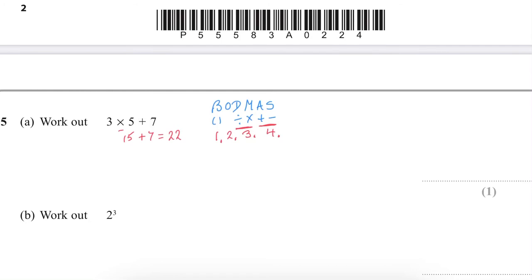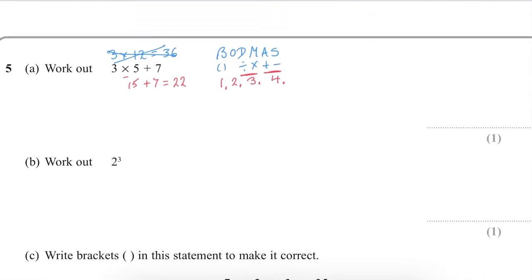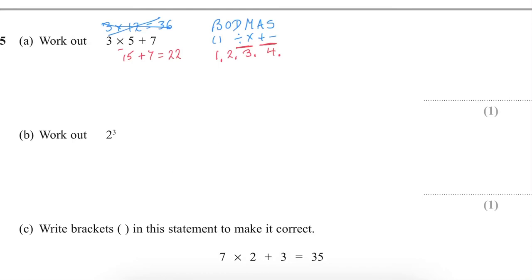Nice and straightforward. I'll show you what happens if you get the order wrong. Say you added first 5 plus 7, so you'd get 12. And then you times it by 3, you would get 36, which is a completely different answer and completely wrong. So don't do that. Okay, 5 part B. Work out 2 to the power of 3. So you might remember that this means 2 times 2 times 2.